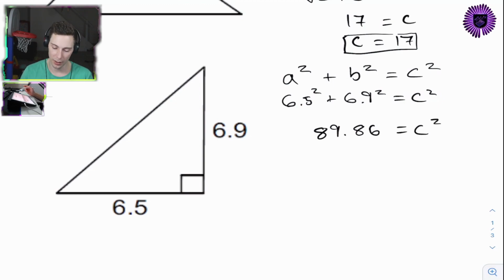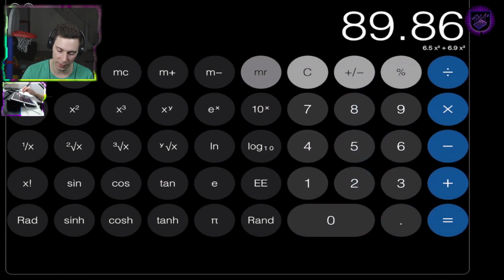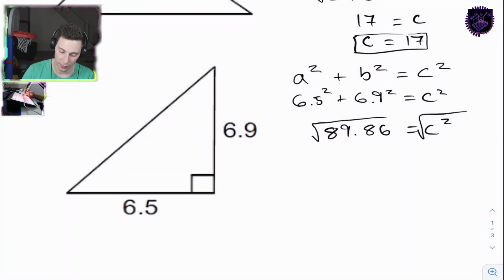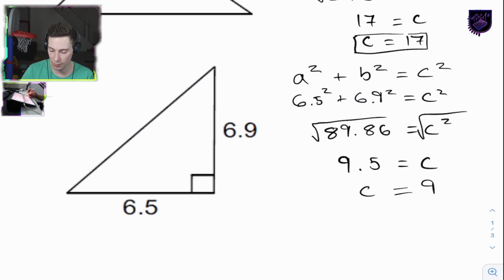Now, again, we'll square root both sides, because this 89.86 is c squared. In this case, we get a square root of 9.479. That's going to be 9.5 is equal to c, or c is equal to 9.5. That is our answer.